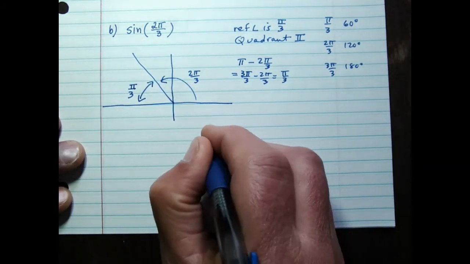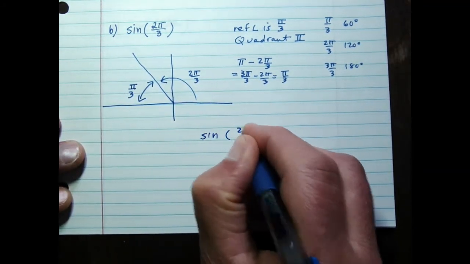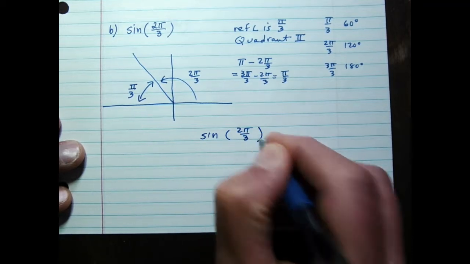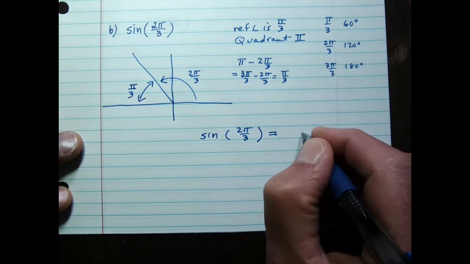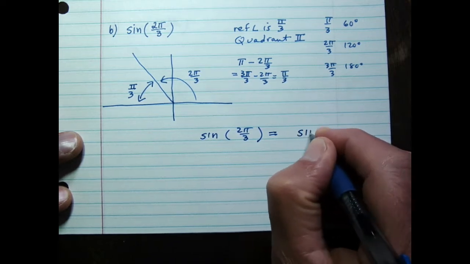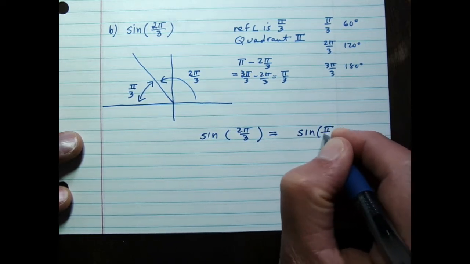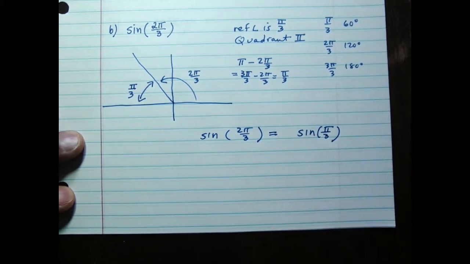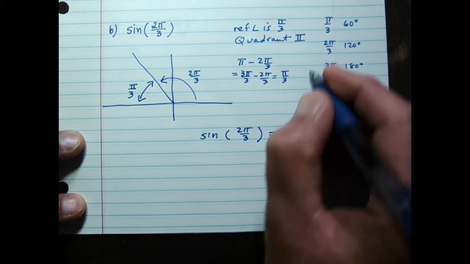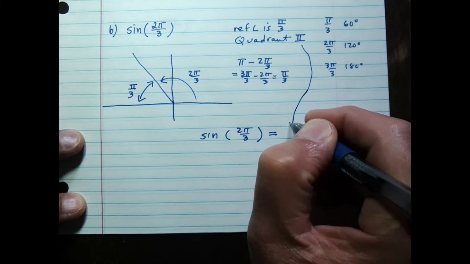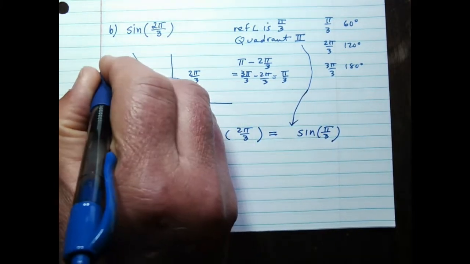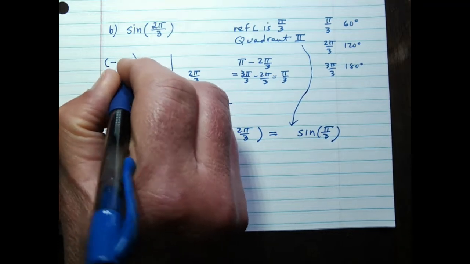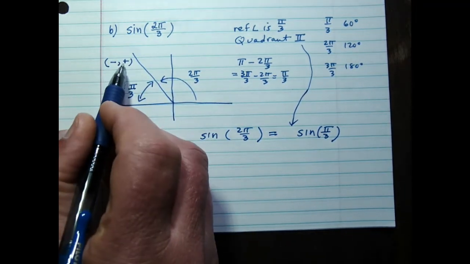All we need here is sine of 2 pi over 3. And so that's going to be plus or minus the sine of the reference angle of pi over 3. And because we're in quadrant 2, x coordinates are negative, but y coordinates are positive.